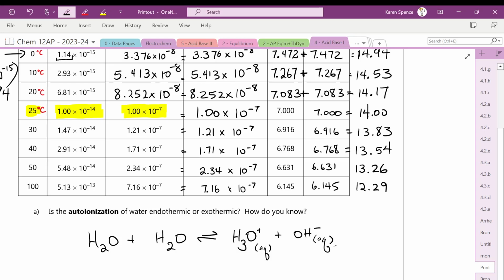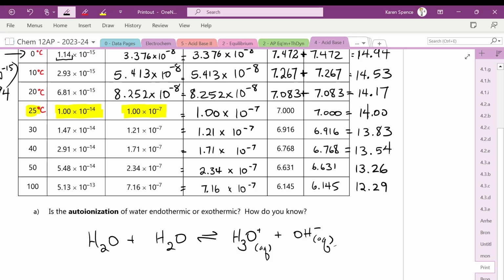Getting smaller? This one and that one, this one and that one. So all of these are getting bigger as they change.